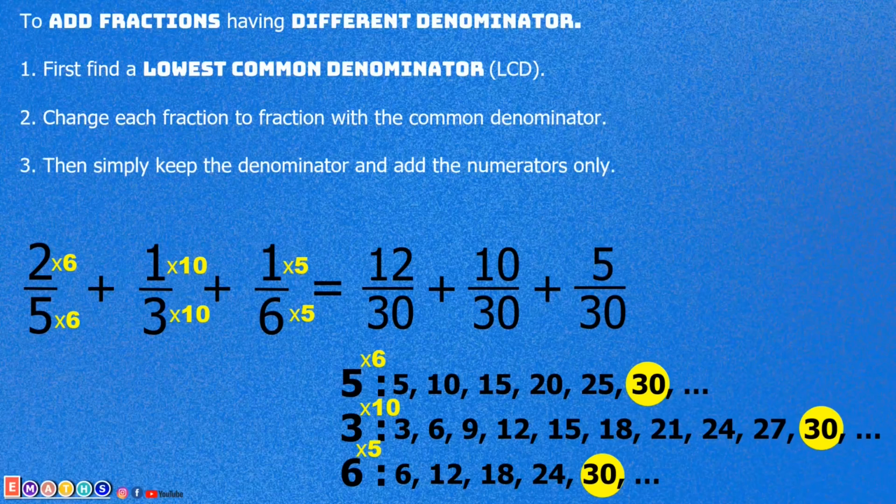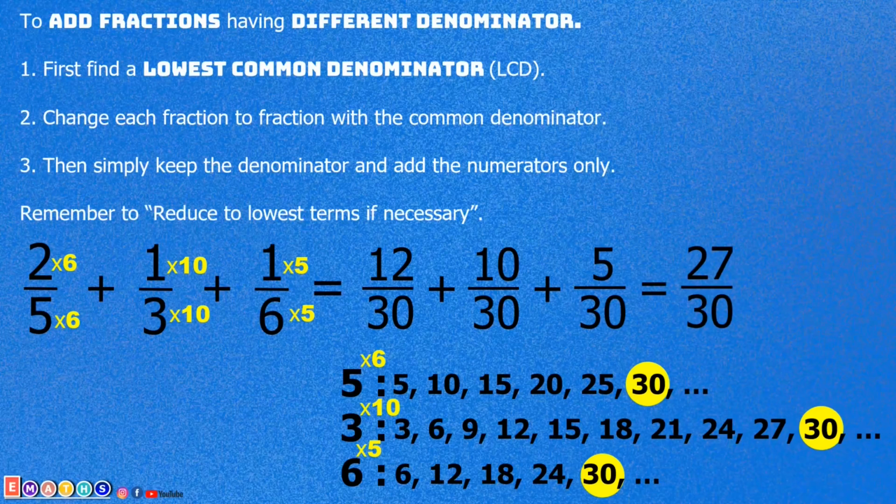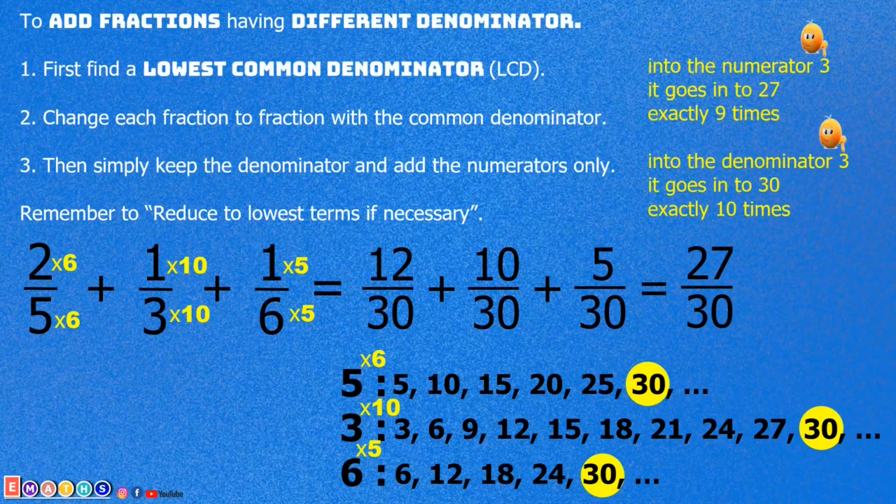Since our fractions now have a common denominator, we keep the denominators unchanged and add the numerators only. Remember to reduce to lowest terms if necessary. Into the numerator 27, 3 goes exactly 9 times. Into the denominator 30, 3 goes exactly 10 times.